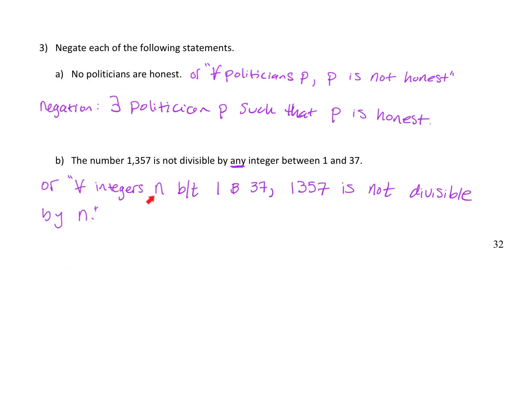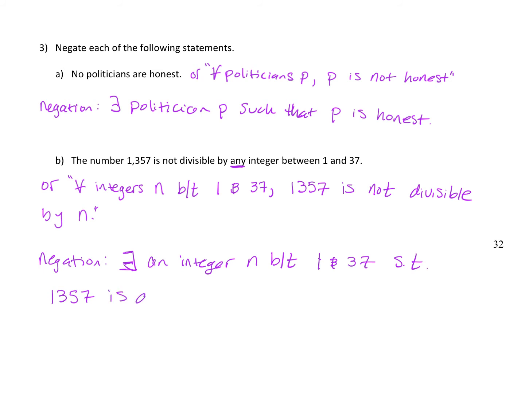There exists an integer n between 1 and 37 such that the opposite of this statement holds, so 1357 is divisible by n.